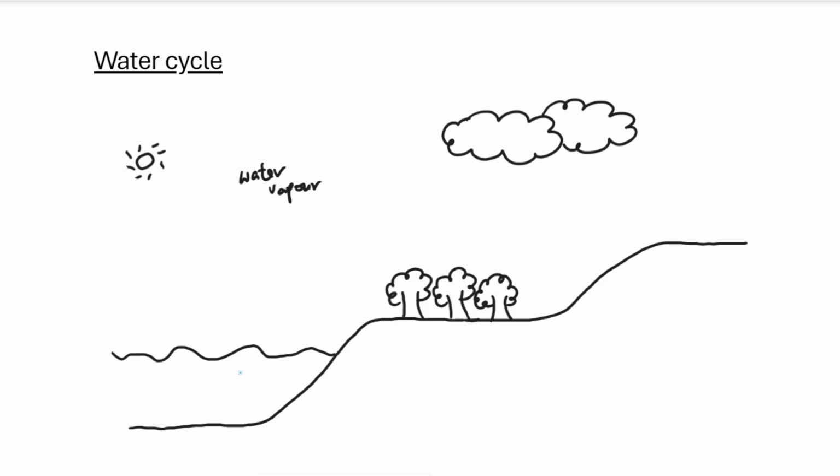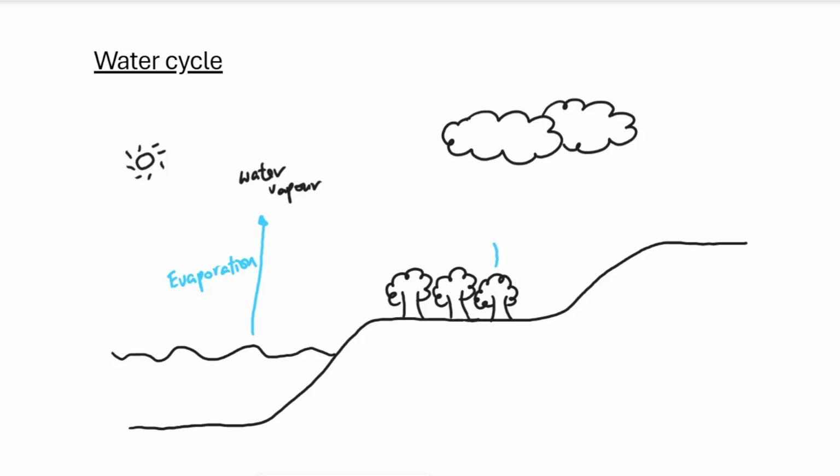First of all, we know that water can exist in liquid form in living things and in the oceans, but it can also form water vapor in the air. The first process is how the water from the oceans or the lakes can be evaporated, turning into water vapor. This could be due to the heat from the ground or the heat from the sun.